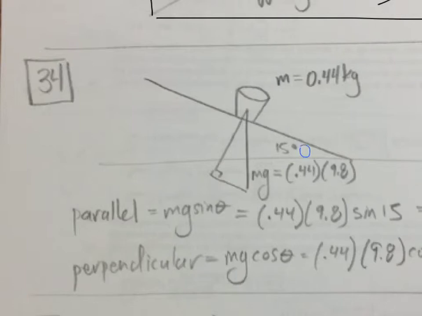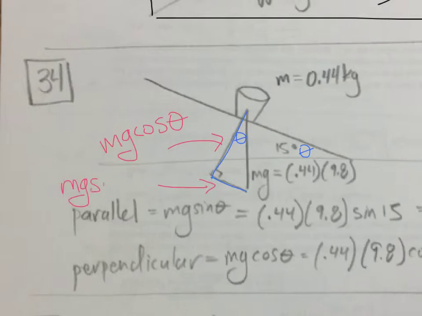So frequently we will write theta and theta, and use our SOHCAHTOA skills to figure out what this side is and what this side is. The perpendicular side will end up being mg times cosine theta, and the parallel side will have a value mg sine theta, as long as it is this angle theta that we're talking about.